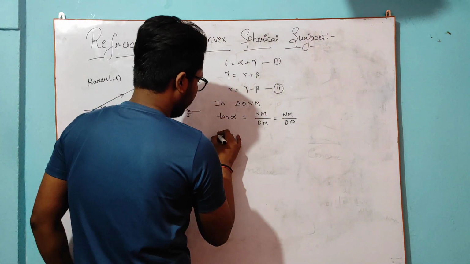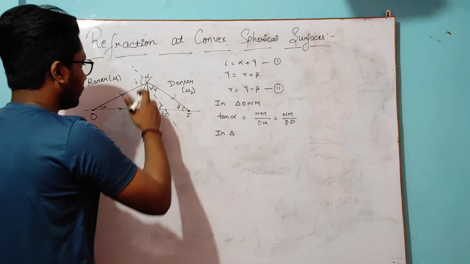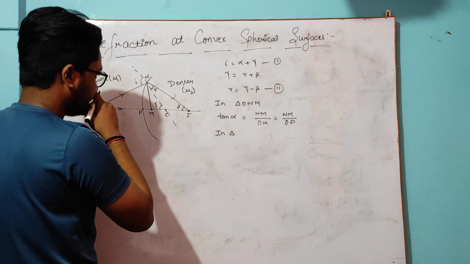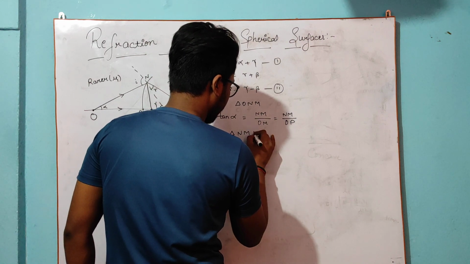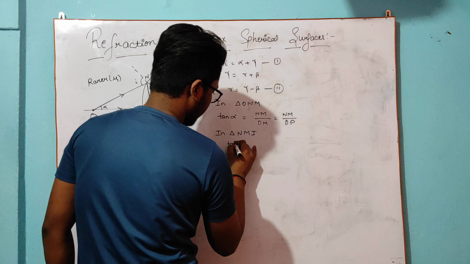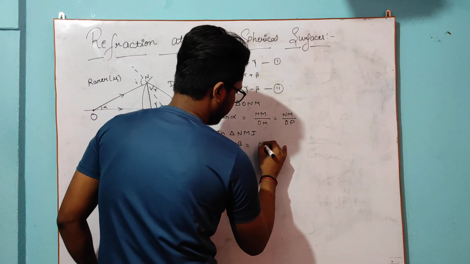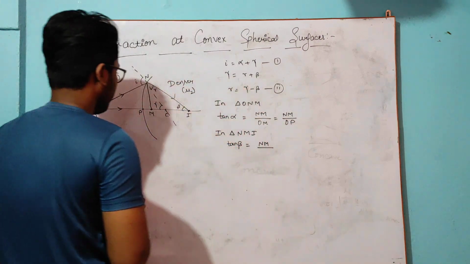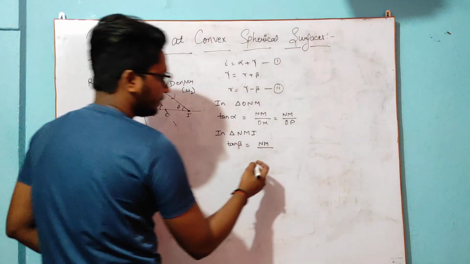Next, in triangle NMI, tan beta is NM upon MI, and MI is almost equal to PI.